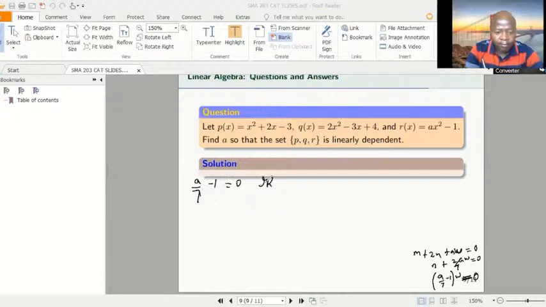Or A out of 7 should be 1, which means that A should be 7. So if A is 7, then we have 7 out of 7, which is 1, minus 1, that is 0, is equal to 0. Then if A is 7, this set of polynomials is linearly dependent.